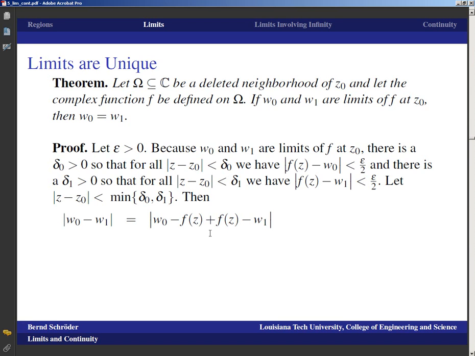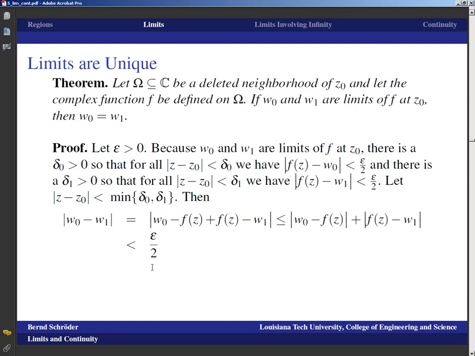Now we're going to use the triangle inequality. We know that the absolute value of something is always less than or equal to what we get if we take the absolute values of the individual pieces. And so this is smaller or equal than |w0 minus f(z)| plus |f(z) minus w1|. Now remember, |z minus z0| is smaller than delta 0 and smaller than delta 1, so we know that the first absolute value is smaller than epsilon over 2, and the second one also.